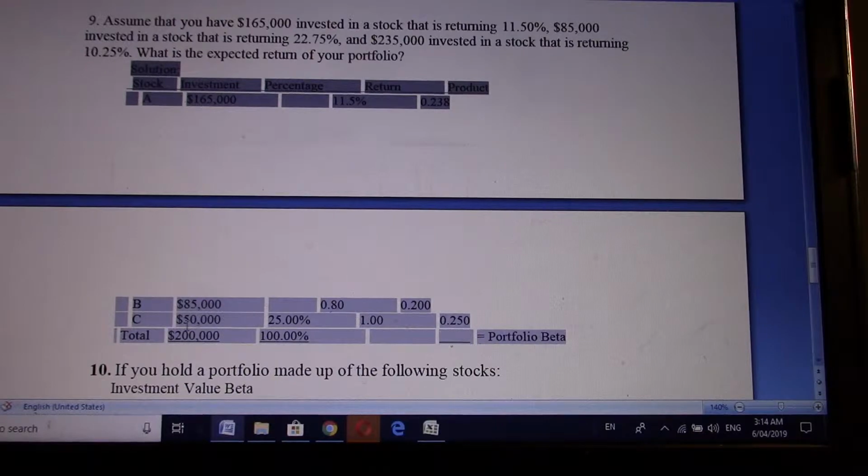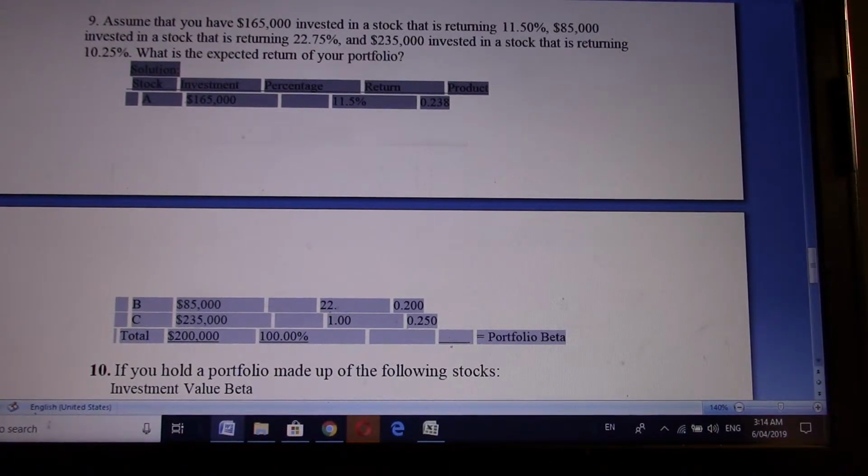And for stock C, it's 235,000. And the percentage we don't know, but we know the return. For B, it is 22.75%. For stock C, 10.25%.